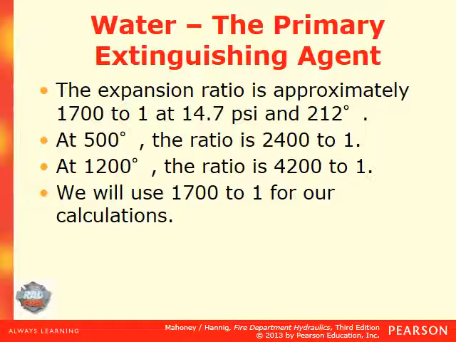And at 1200 degrees, the ratio is 4,200 to 1. So we will use the calculation of 1,700 to 1 as our constant. So 1 part of water will expand 1,700 times at 212 degrees at the normal sea level pressure of 14.7.